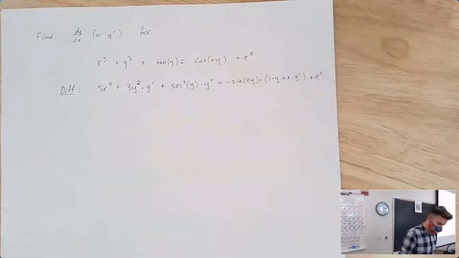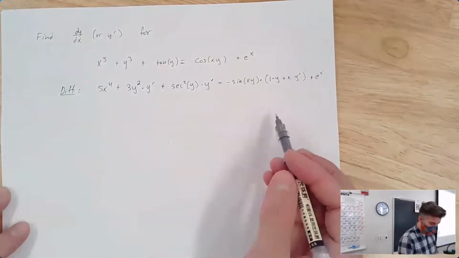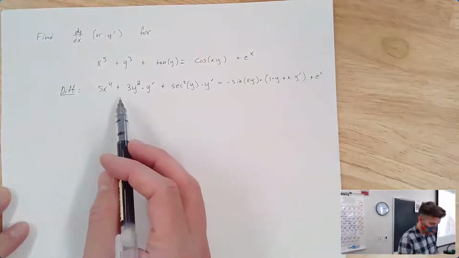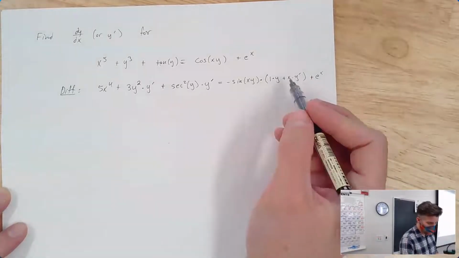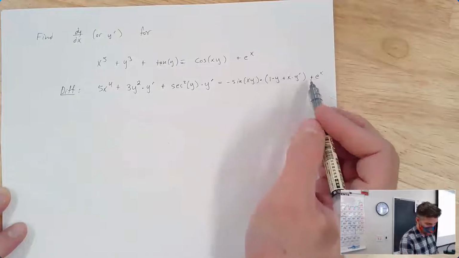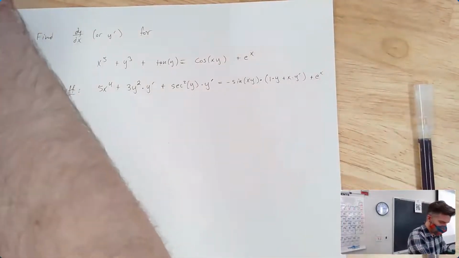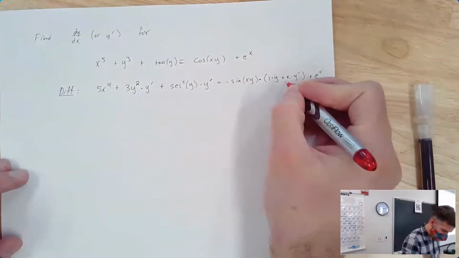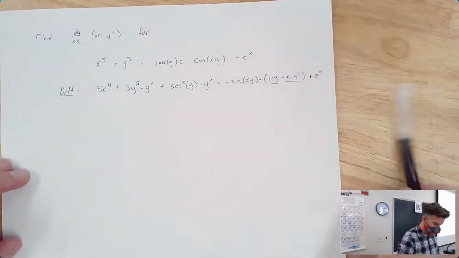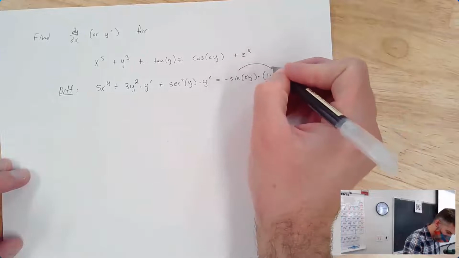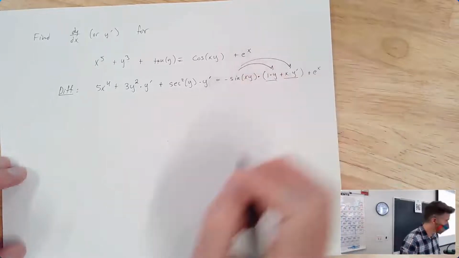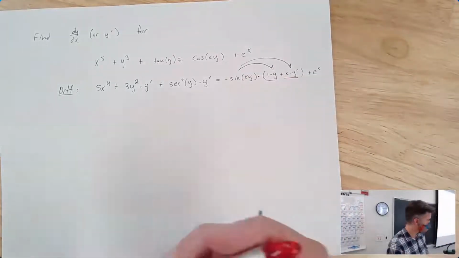So whenever you have something times a piece where one of the parts has a y prime and the other part doesn't, we really have to distribute that before we can do anything else. So we're going to distribute that negative sine of xy.